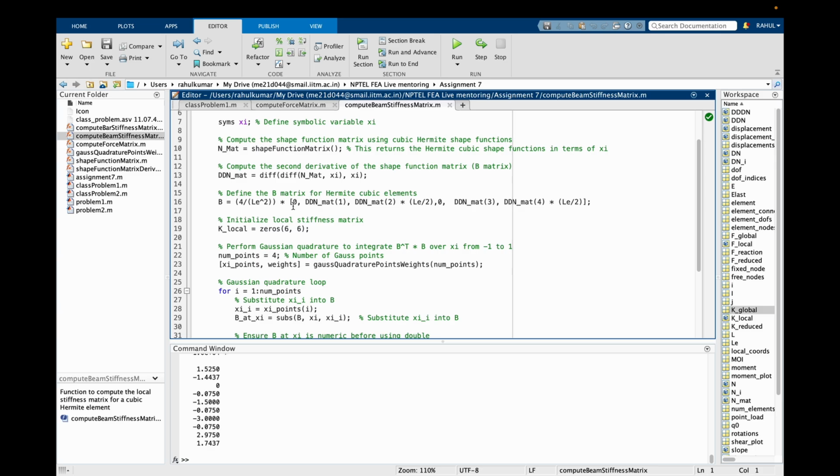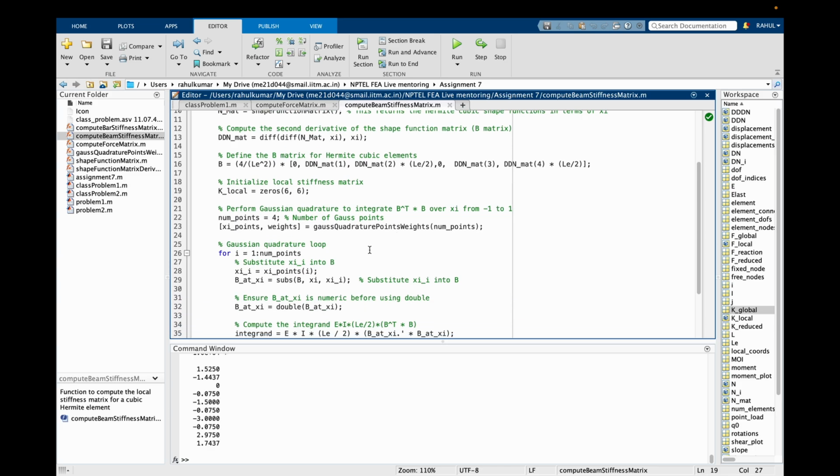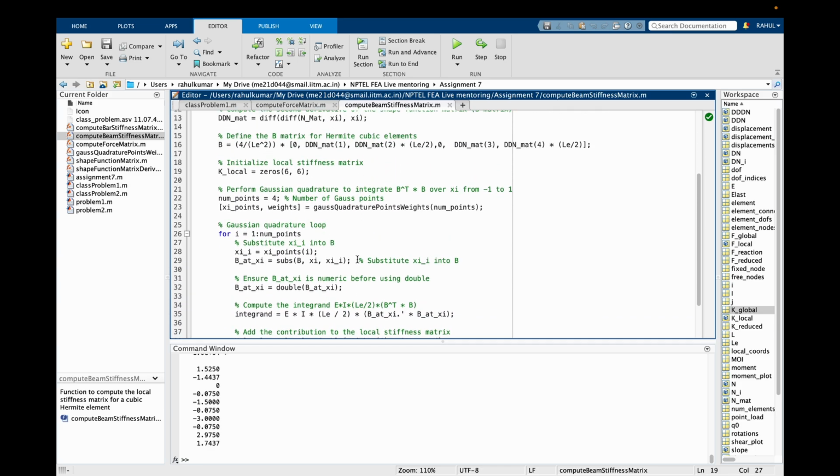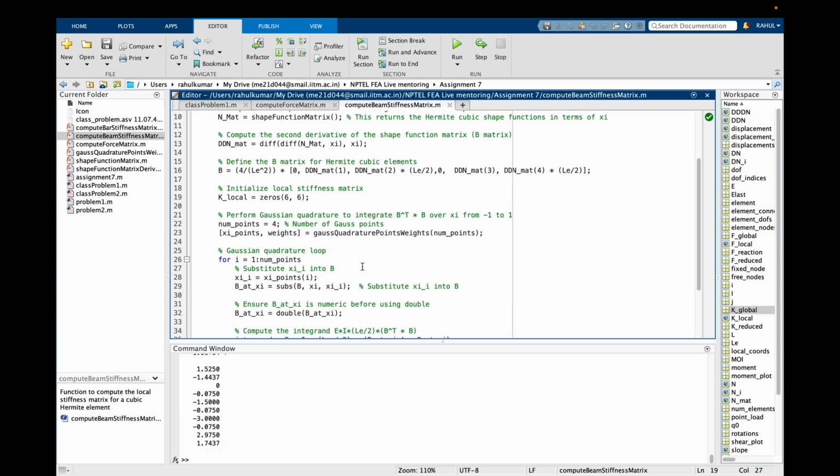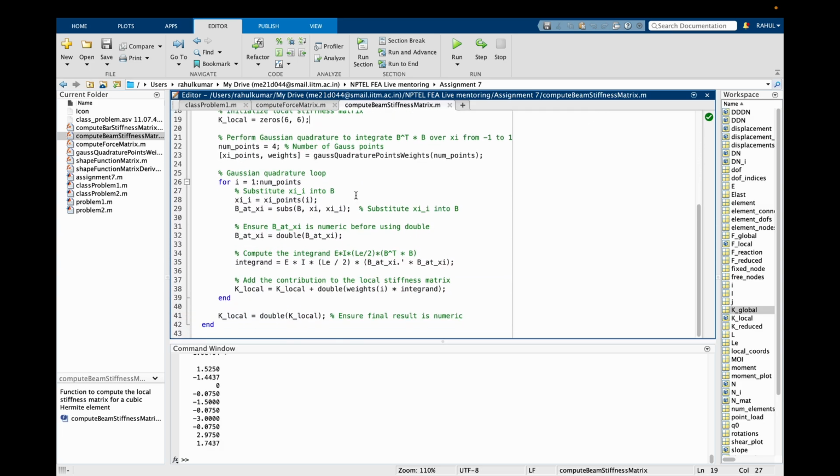So that's why I have written the first element as 0, and the rest of the matrix will be as it is. This is for node 1 and this is for node 2, and for node 2 also there is no such displacement because of the beam, if you are treating it as a beam. So that's why I have written 0, and this whole function will return a 6 by 6 matrix. Everything else will be the same.